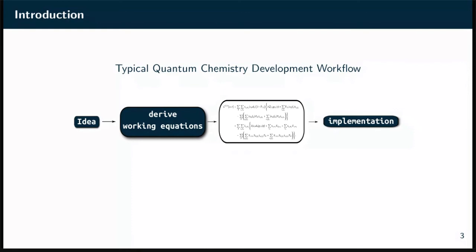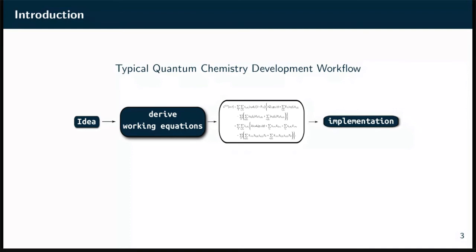And this gives you in the end a set of equations which you can hopefully solve with linear algebra. And once you have that, you have to hope that you didn't make any mistakes in the derivation, and then you can do a test implementation and see if your original idea actually works and get some feedback on it.